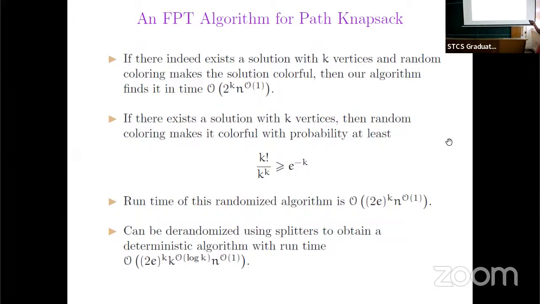So if I repeat this random coloring e to the power k many times, then if there exists a k-path, I find it in this much time, 2e to the power k.